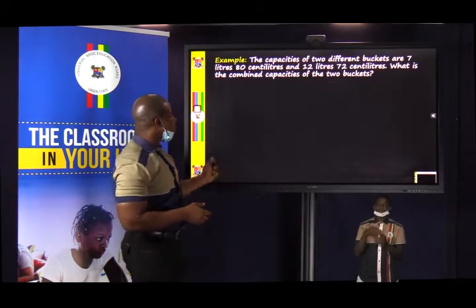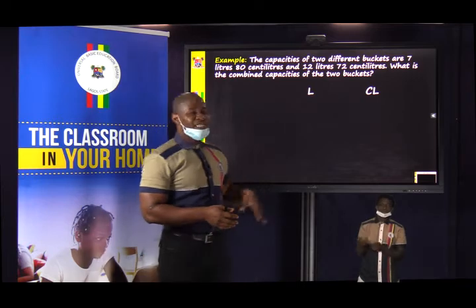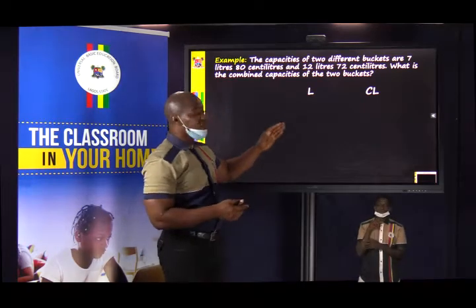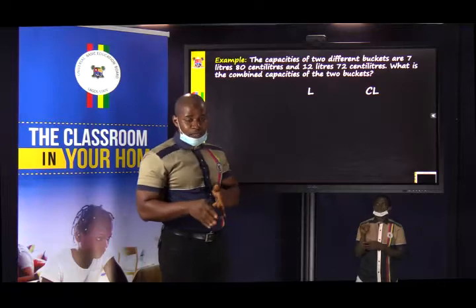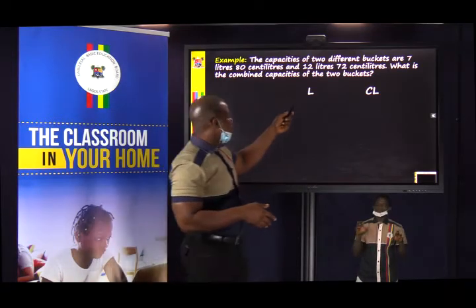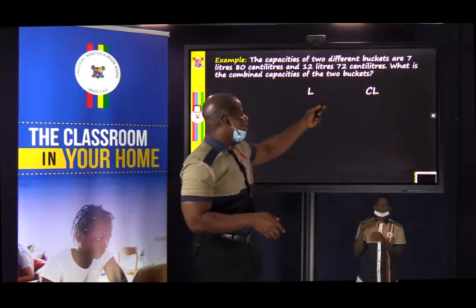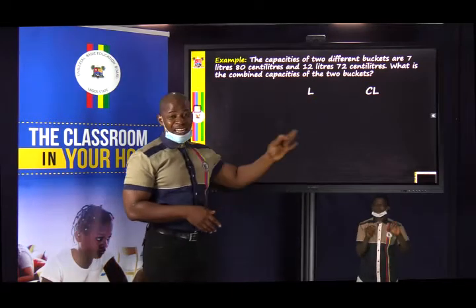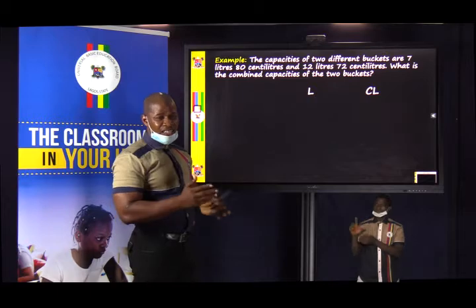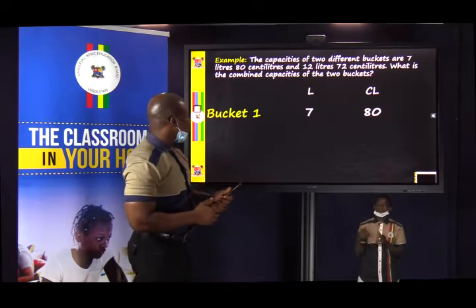So to find the combined capacity, when you're adding capacities, especially when they have different graduations, liter, centiliter, or milliliter, then put the headings for liter and centiliter, which is what we need in this case. Add the liters together, add the centiliters together, and then let's see.